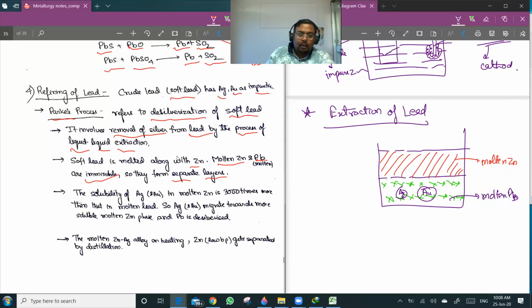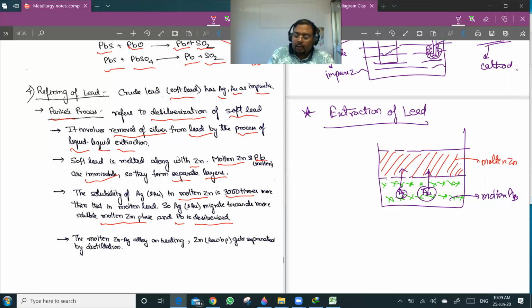Now, the solubility of silver and gold is about 3,000 times more in molten zinc compared to molten lead. So they will try to migrate to the molten zinc phase. Once they migrate towards the molten zinc phase, lead is desilverized.